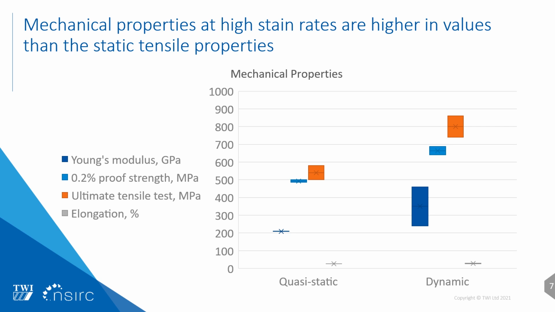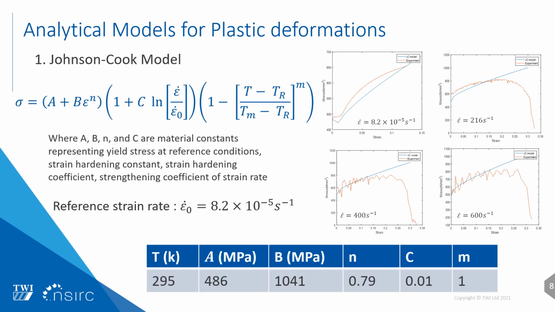The ultimate tensile stress is also higher, about 740 to 855 in the dynamic one, and lower, about 600, in the quasi-static one. We can also see increased elongation in the dynamic one, because we have a higher temperature, which increases the elongation but decreases the strength of the material.